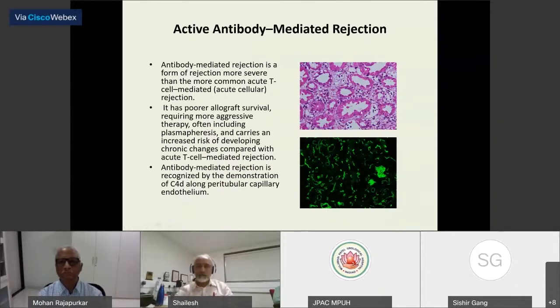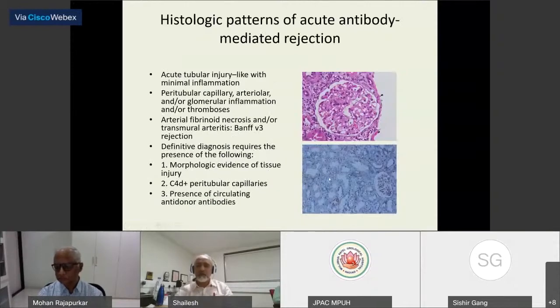Here we can see microvascular injury in the form of glomerulitis as well as capillaritis, and there is deposition of C4d along the peritubular capillaries, which can be demonstrated by either immunofluorescence staining or by IHC staining.